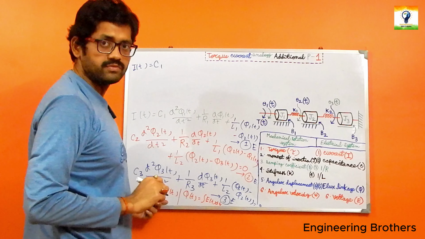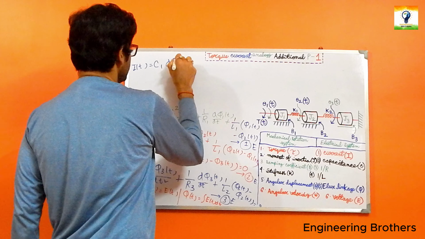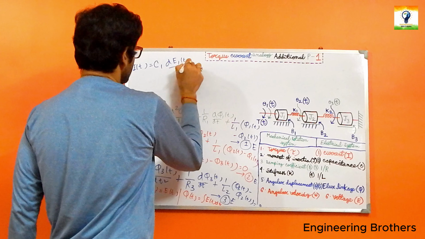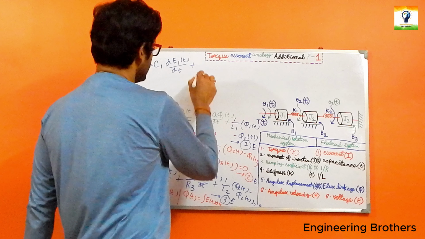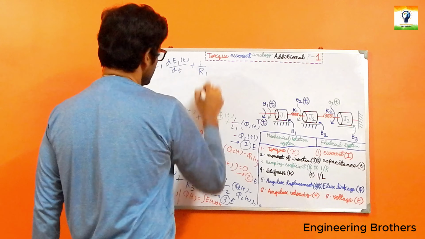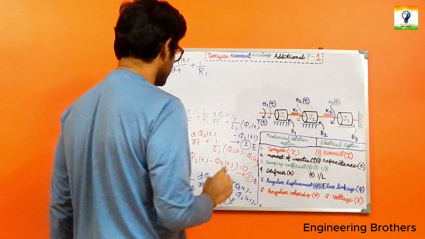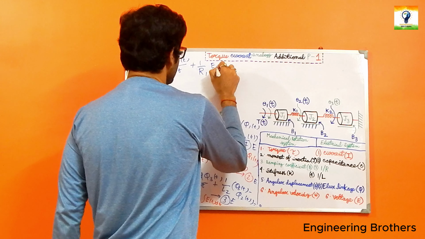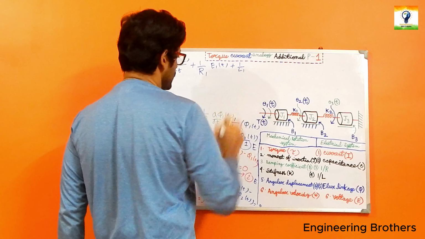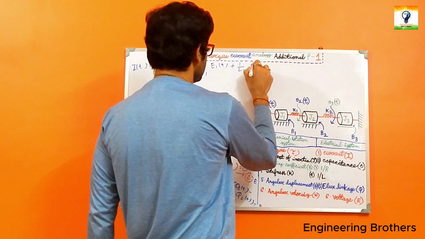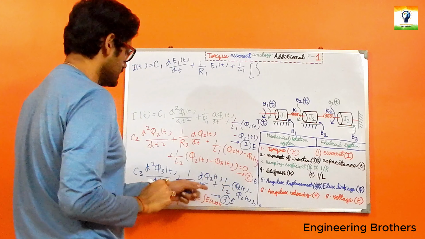Just by using this first relation, we have C1 dE1(t) divided by dt plus 1 by R1 dphi1(t) by dt, which means E(t). So this one will be our U1(t), plus once again 1 by L1, and inside our bracket I have phi1(t), which means the integration of E(t) dt.